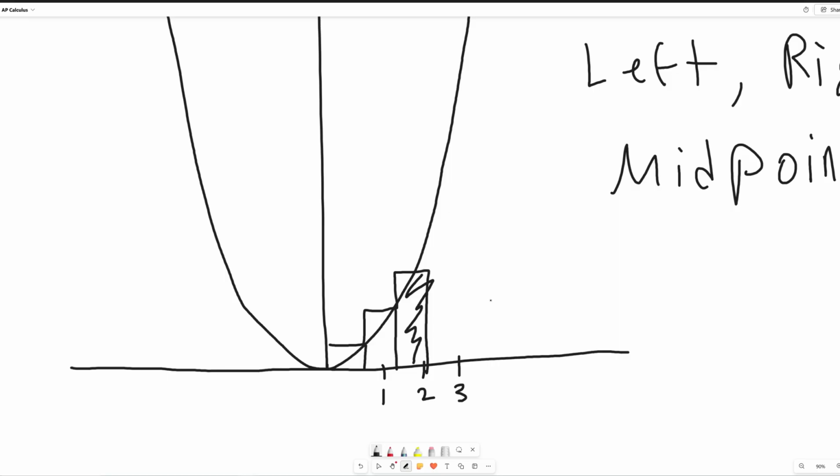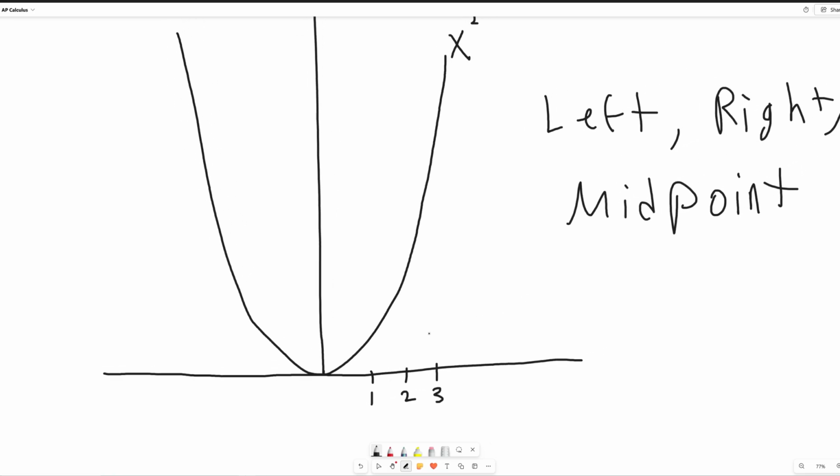It might overestimate or underestimate, and we'll talk about that in a second. But if you make smaller and smaller rectangles, then you'll get a more accurate area. So that's what Riemann sums are. It's making rectangles under the curve to approximate it.